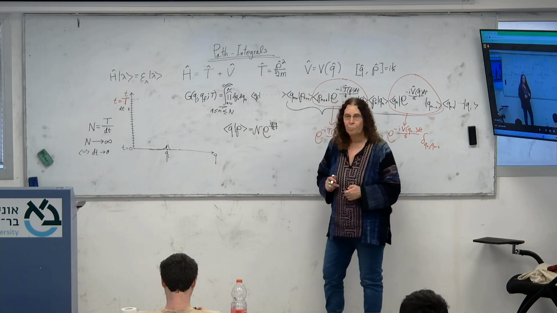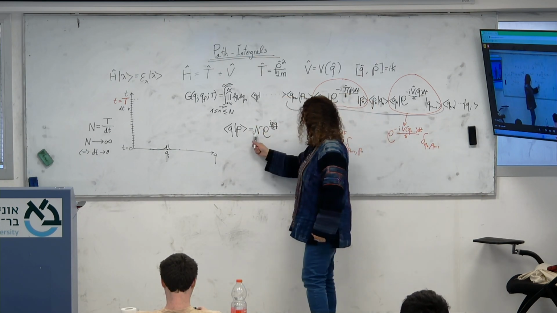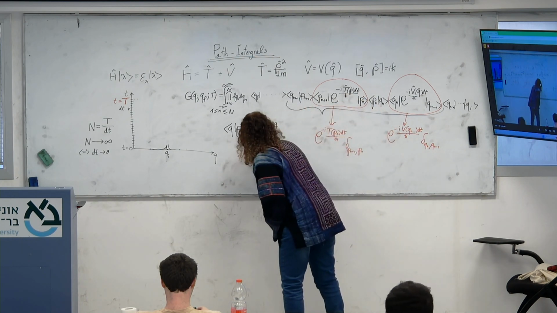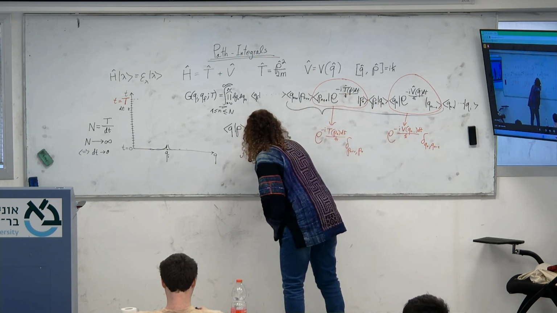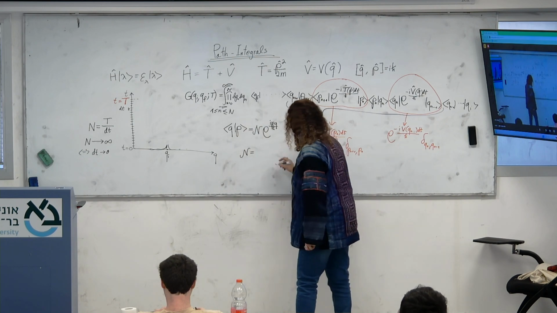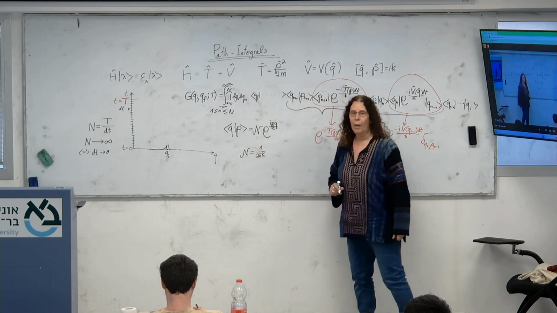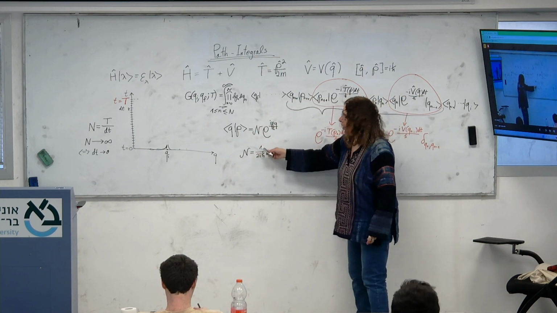Now, what is the normalization factor? The normalization factor that we'll need here is going to be 1 over 2 pi h bar. Why is the 1 over h bar here?